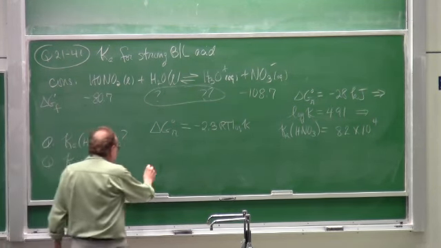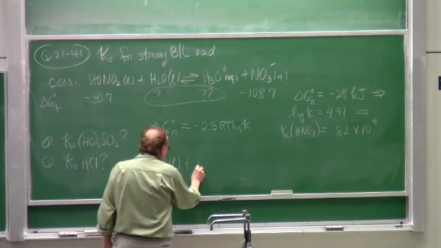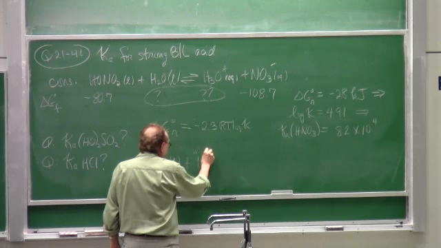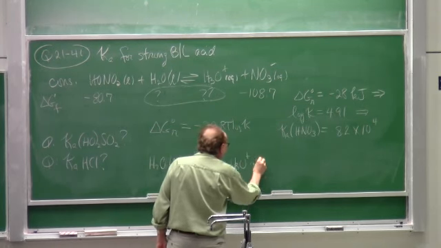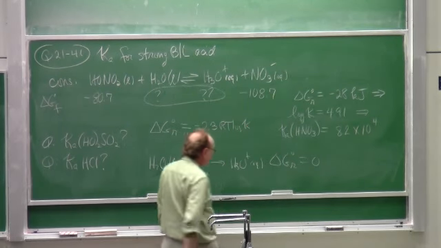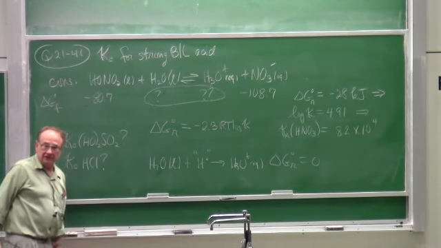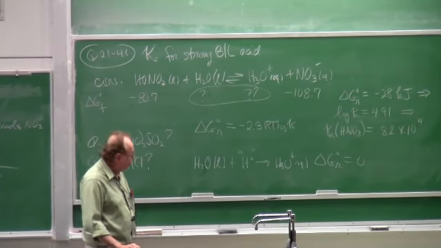Because for this reaction, delta GR super 0 is 0.